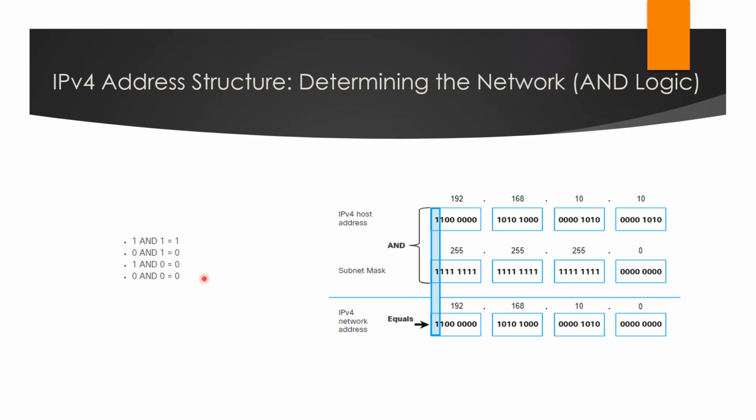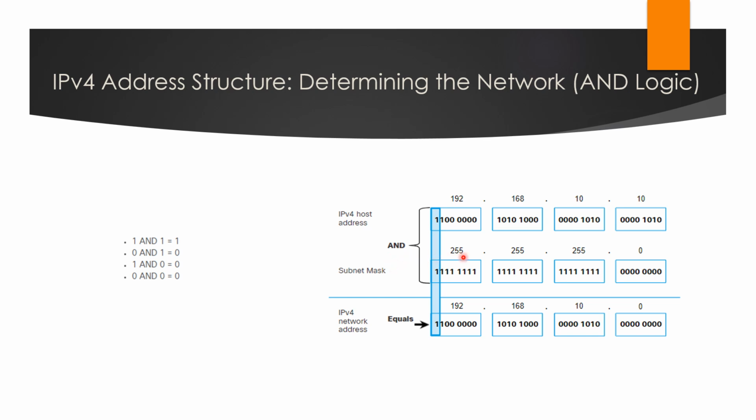To identify the network address of an IPv4 host, the IPv4 address is logically ANDed bit by bit with the subnet mask. ANDing between the address and subnet mask yields the network address. To illustrate this, we have this example. We have the IPv4 address shown here in decimal format, 192.168.10.10, and here it is shown in binary format.